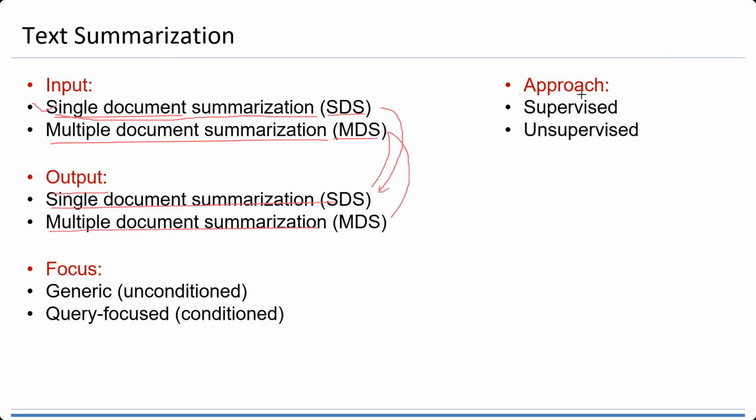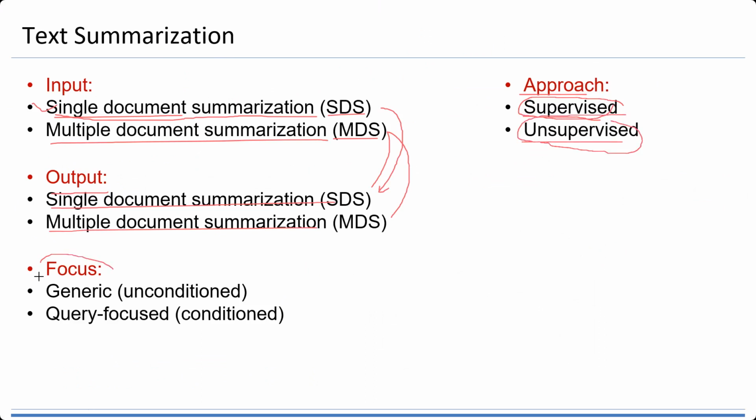And the approach to do this text summarization can be supervised, it can be unsupervised. So if it is supervised, it means that we know the reference or we know what is the summary. But if it is unsupervised, we do not know what is the reference.